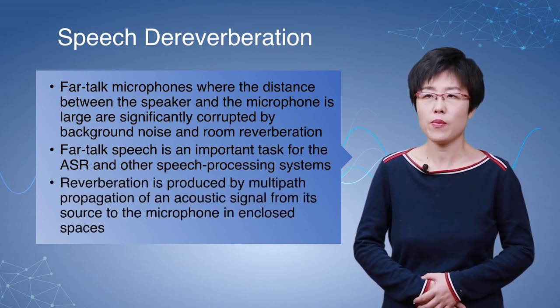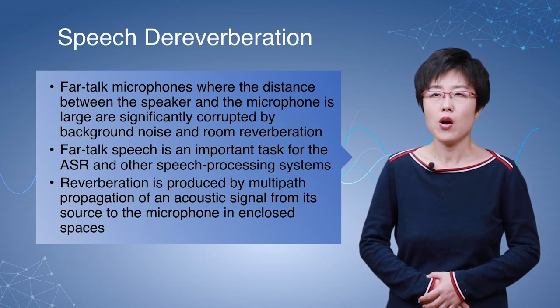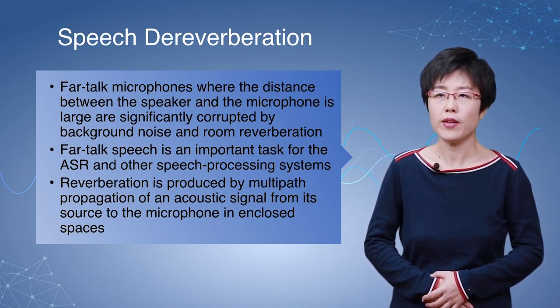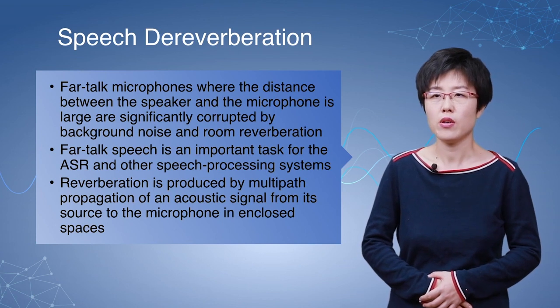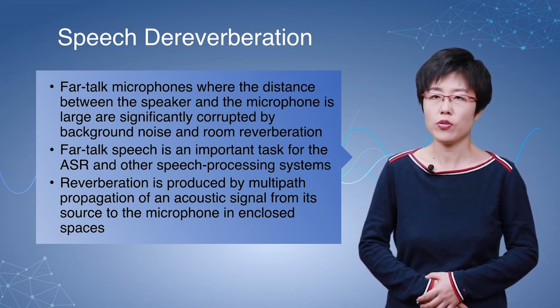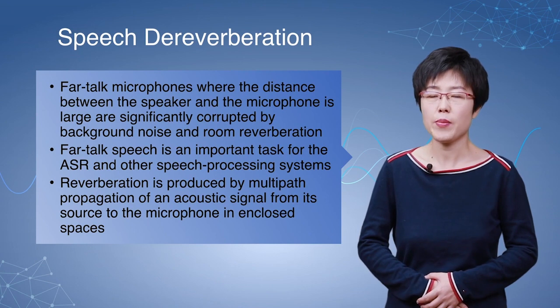Reverberation is produced by multipath propagation of an acoustic signal from its source to the microphone in enclosed spaces, and it distorts the speech signal along both time and frequency.